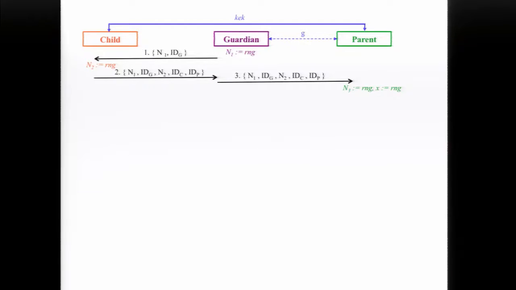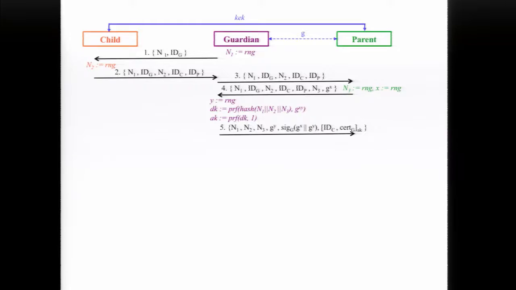Now the parent receives this delegation request, so it also contributes a nonce. Also, it generates its own Diffie-Hellman public component and sends this to the guardian as a Diffie-Hellman challenge. Now it's the guardian who first computes the expensive Diffie-Hellman shared secret.